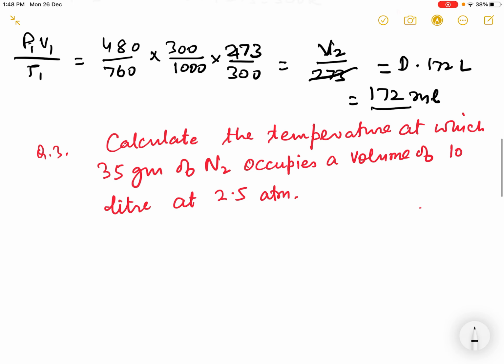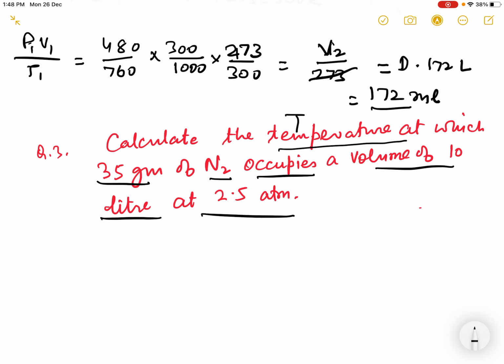Now we come on to the third question, that is calculate the temperature at which 35 gram of nitrogen occupies a volume of 10 liter at 2.5 atmospheric pressure.